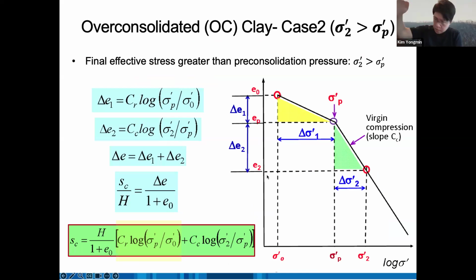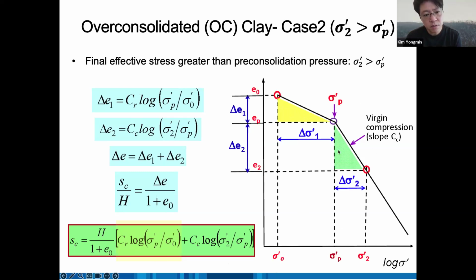And as the load keeps on increasing, your final effective stress now exceeds the pre-consolidation pressure. So I want to calculate from here to here before the pre-consolidation pressure, and from here to here after the pre-consolidation pressure. For this yellow part, Cr.